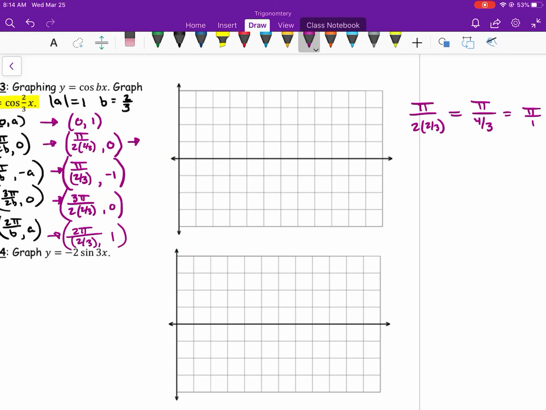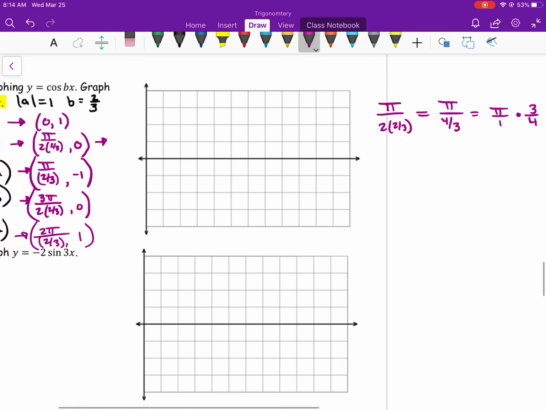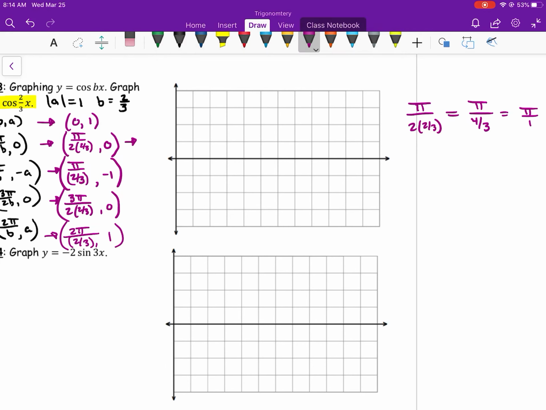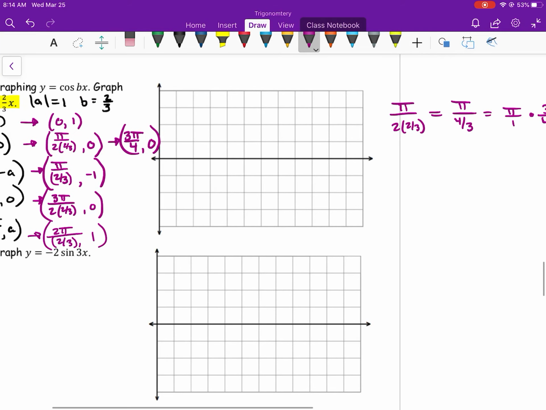Okay, so here we get our new one. What did we say? It was 3 pi over 4. So we get 3 pi over 4, 0. The next one is pi over 2/3.